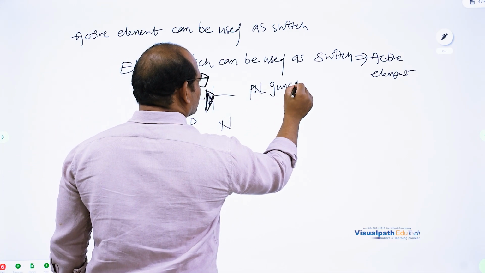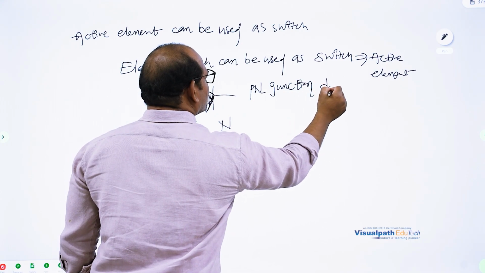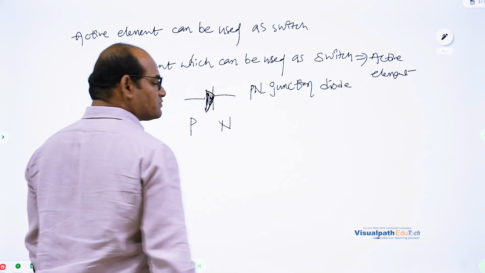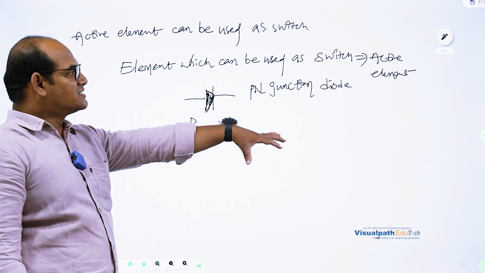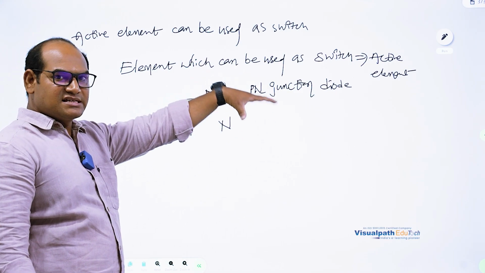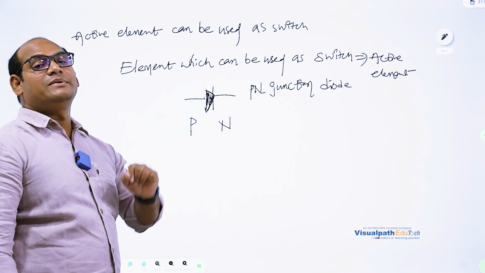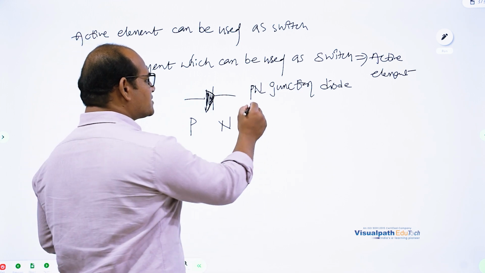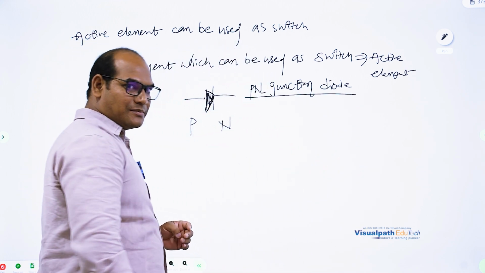The application of the PN junction diode is switch. So because it can be used as a switch, it can be treated like an active element only. So remember this point, PN junction diode is an active element, not a passive element. Okay.